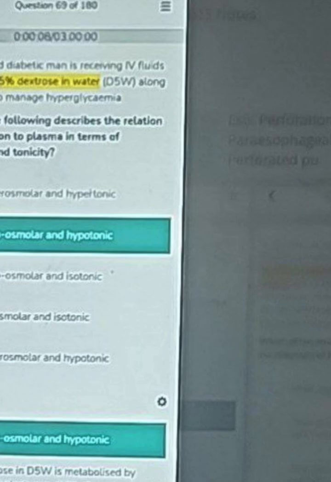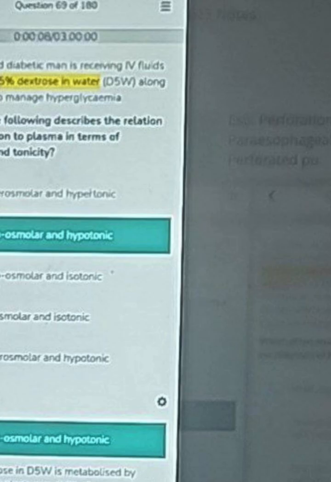A 55-year-old man is receiving IV fluid, 5% dextrose in water along with insulin. If it is along with insulin, after the 5% glucose is metabolized by insulin, the osmolarity drops. So it becomes hypoosmolar compared with plasma once metabolized.